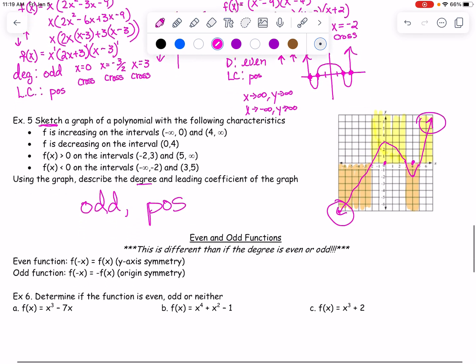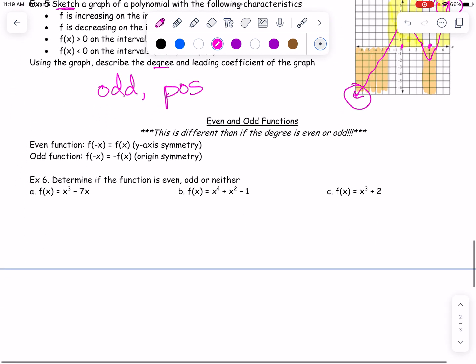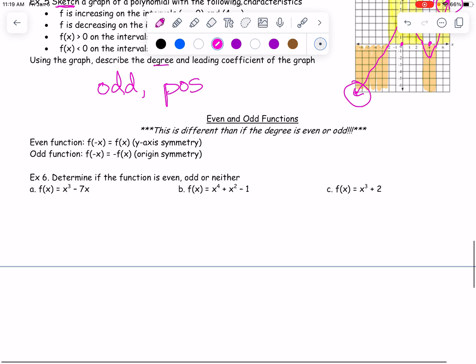Okay, all right, we're also going to check to see if our function is even or odd. Even and odd functions are not the same as your degree being even or odd. Don't confuse that. To tell if it's an even or odd function, you're checking for symmetry.